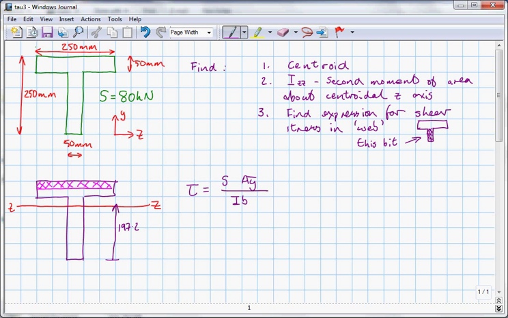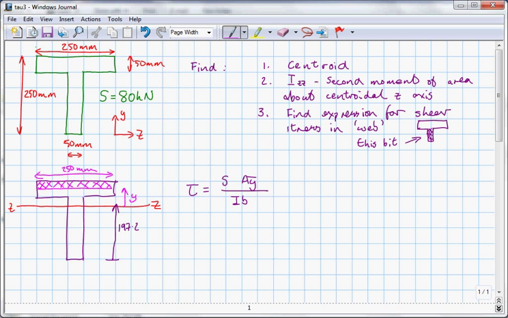I is the I value we've already calculated, and B is the length or the breadth of the line that we've drawn. So in this case B would be equal to 250 millimeters. So it's crucial that you remember about drawing the line and making the shading, and the tau value that we come up with eventually would be at a distance y away. So it's how far away the line you drew is from the centroidal axis.